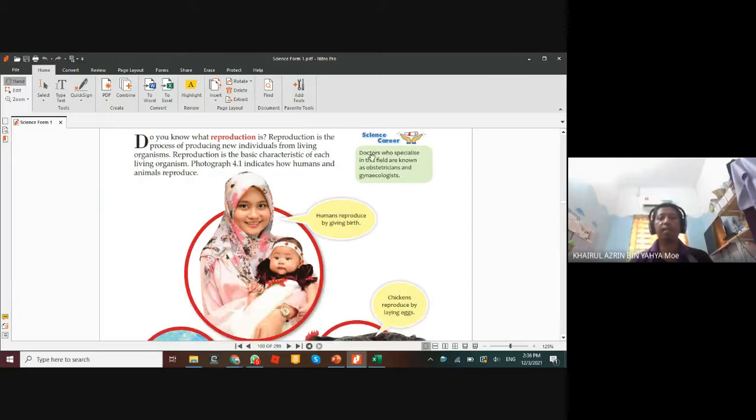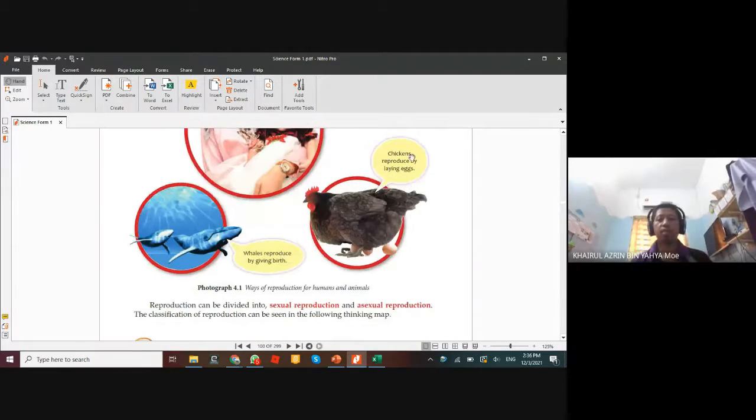Science career here: doctors who specialize in this field are known as obstetricians and gynecologists. So, from this picture, humans reproduce by giving birth to a baby. Chickens reproduce by laying eggs, these eggs. And whales reproduce by giving birth.